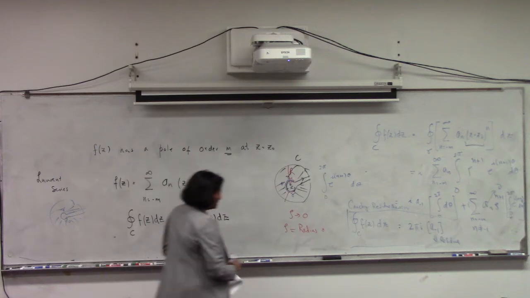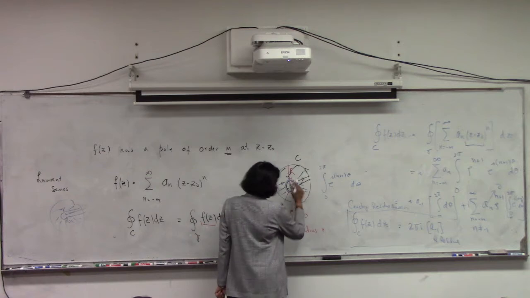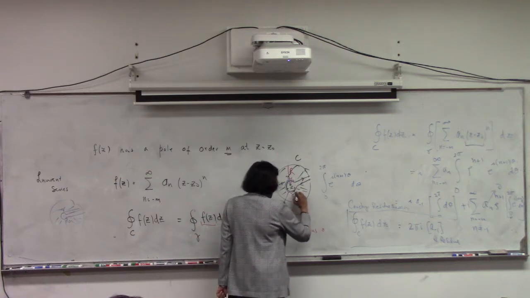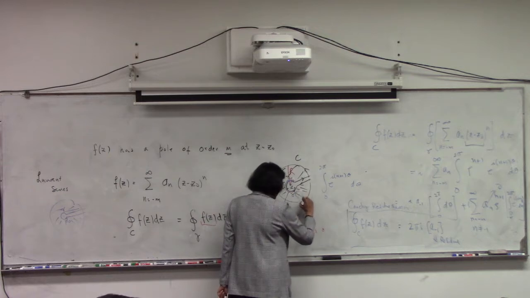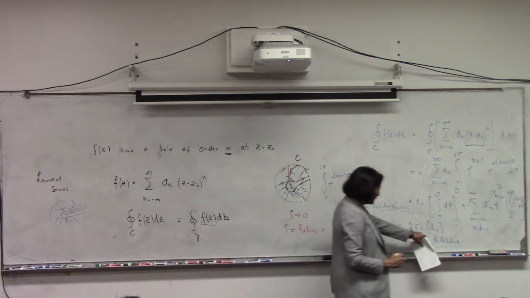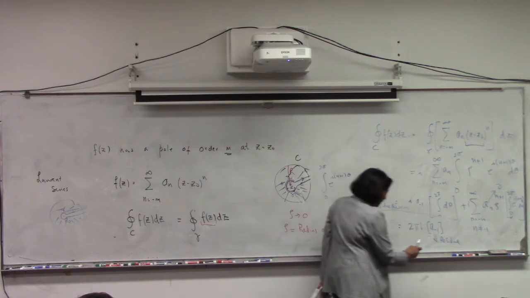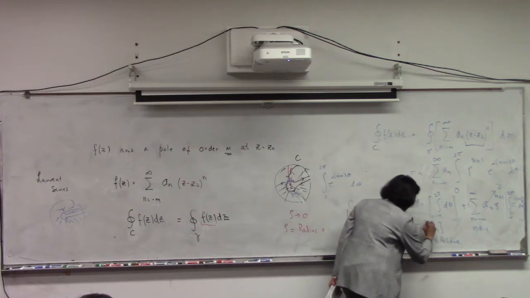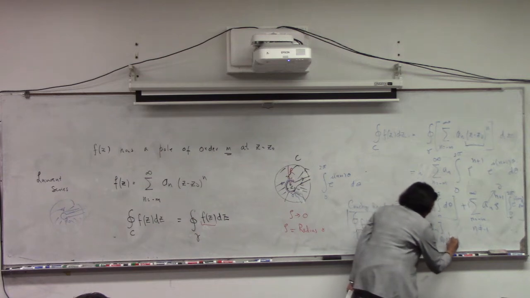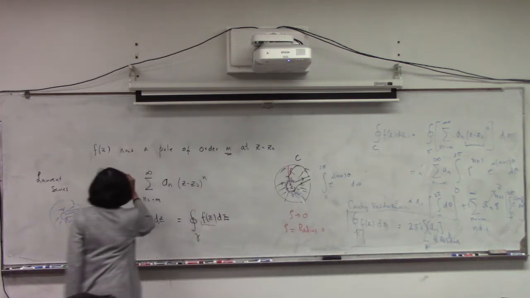Now, if there are more than one singularities, as I said, in a given problem you may have several such things. So wherever they are, we need to exclude all those points. Depending on what is within your big contour C, you have to calculate the residue at all points. So I'm going to write it down.